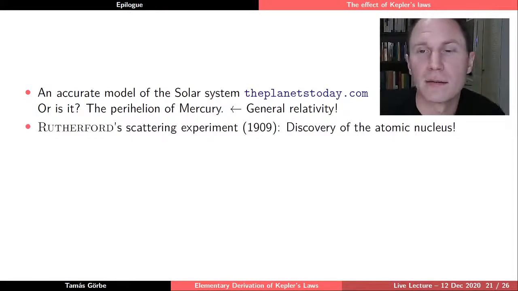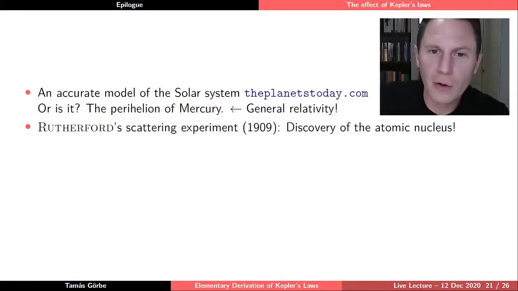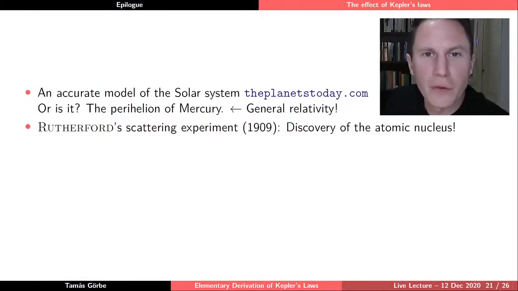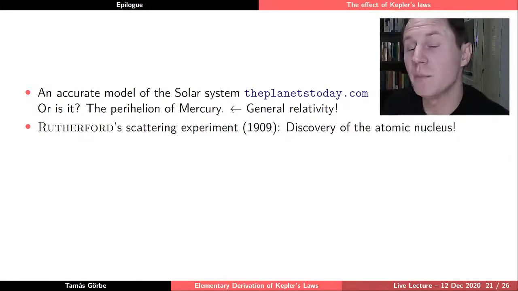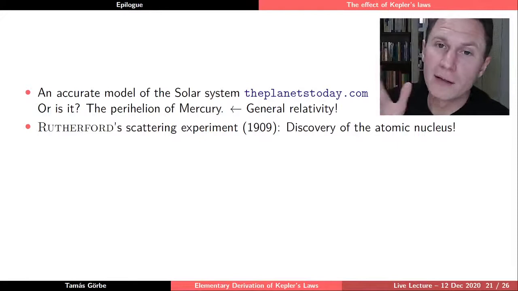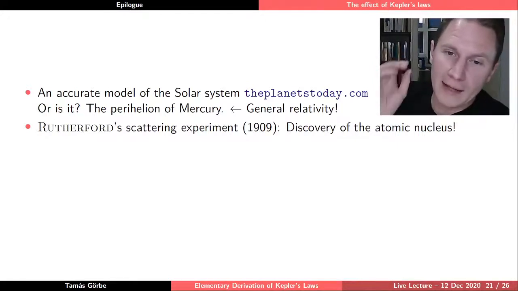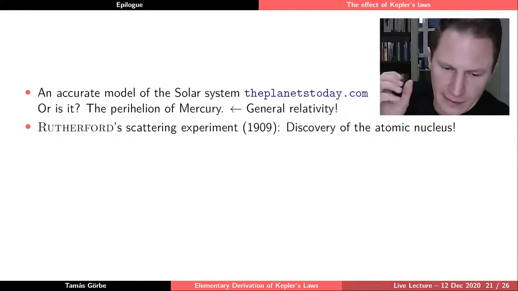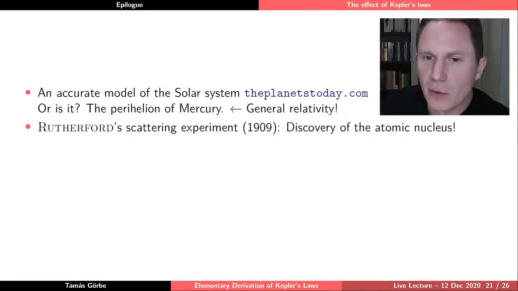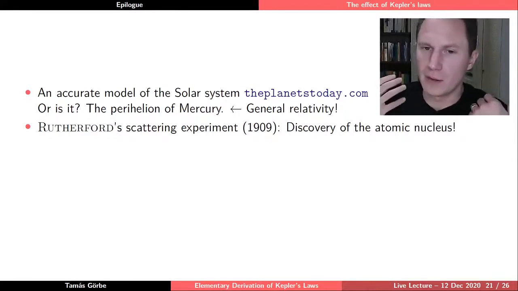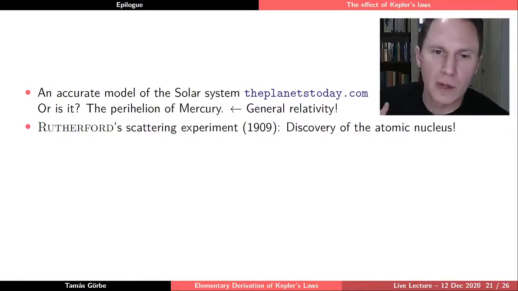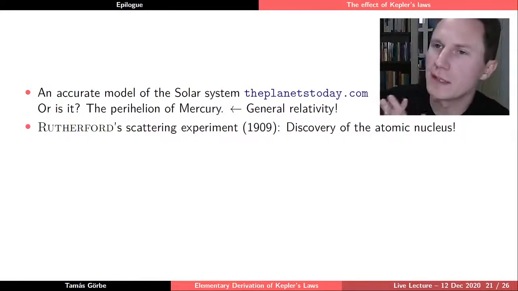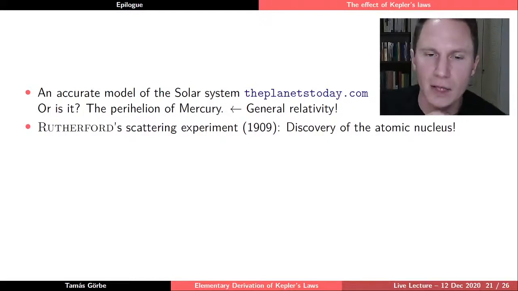Another effect of Kepler's laws, I would say, is in the early 20th century, Rutherford had this scattering experiment in which he bombarded atoms in a golden plate with electrons, and they thought that these electrons would scatter in all directions, not distinguishing any direction in particular.